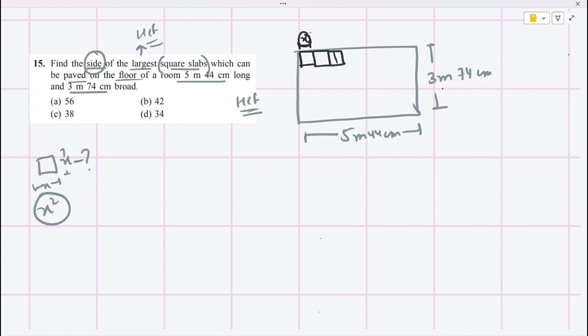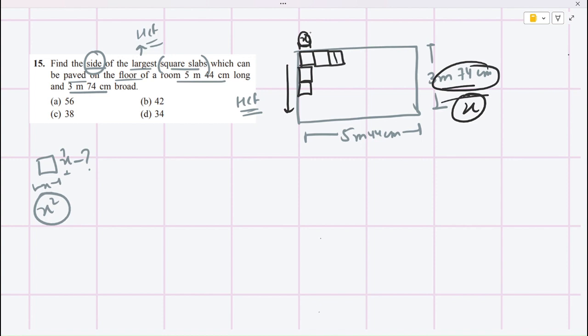Same is the case for the breadth. So again if you draw here, तो इस तरीके से भी हम पूरे width में लगाएंगे, तो this number present here should also be divisible by x, यानी कि जो side हमारे पास होगी.